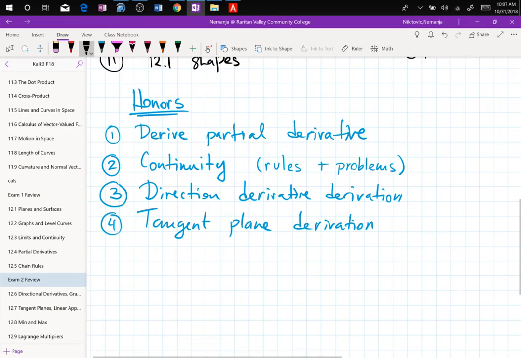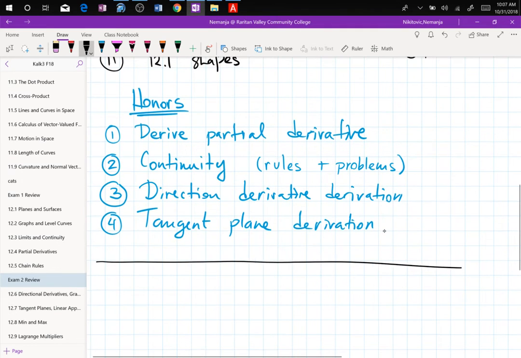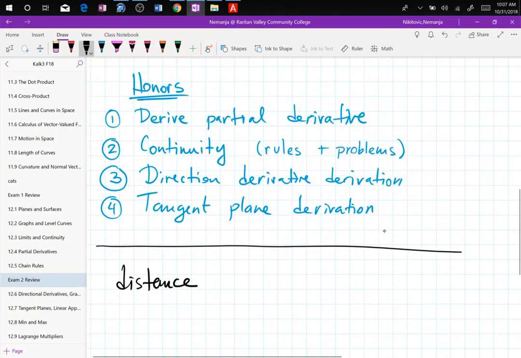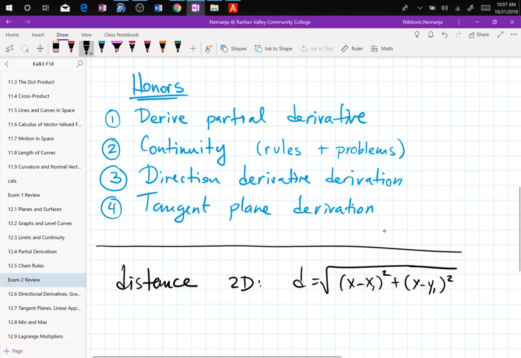So your formula was the distance formula? Yeah. And then your constraint was the equation. The distance formula with the square root, the Euclidean distance. Okay, so you had the constraint given in the text, which you didn't have was the objective function. So guys, if you are ever looking for a distance, the 2D distance is the square root of (x minus x1) squared plus (y minus y1) squared.